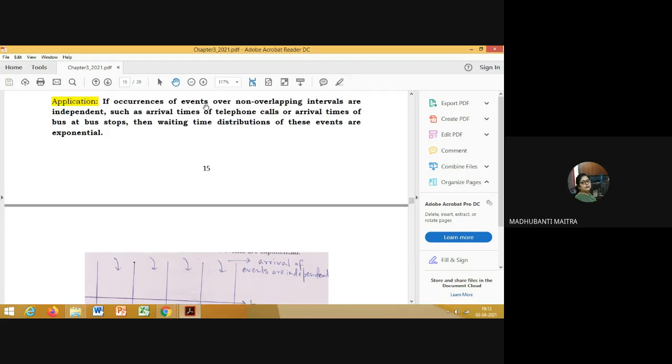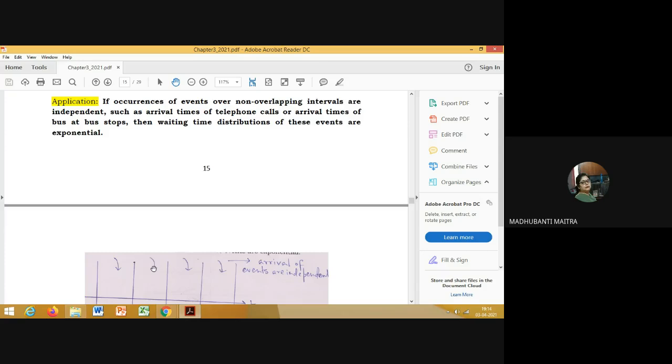If occurrence of events over non-overlapping intervals are independent, such as arrival times of telephone calls or arrival times of bus at bus stops. So in the first 1 hour, it might so happen that two buses have arrived at a particular bus stop. In the next 1 hour, it might so happen that three buses have arrived at a particular bus stop.